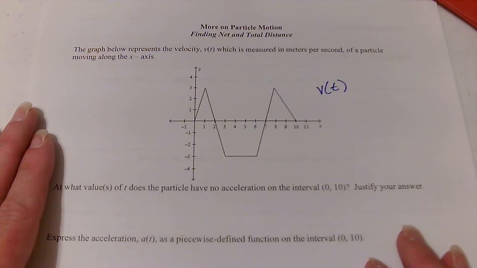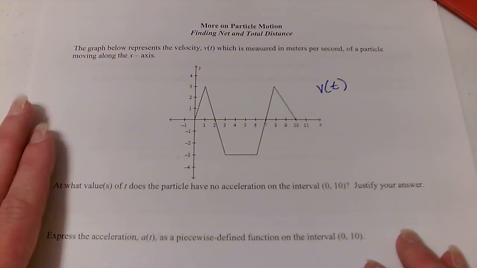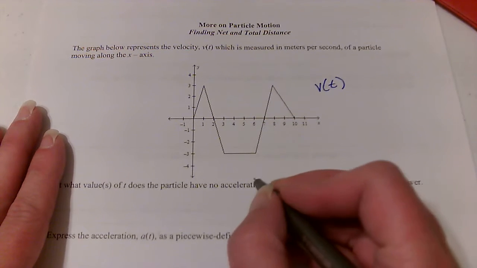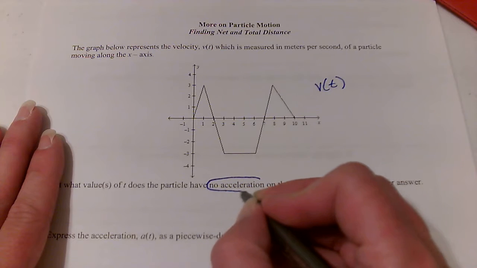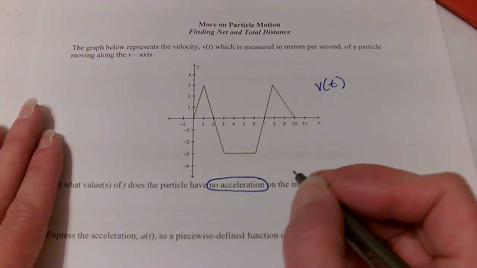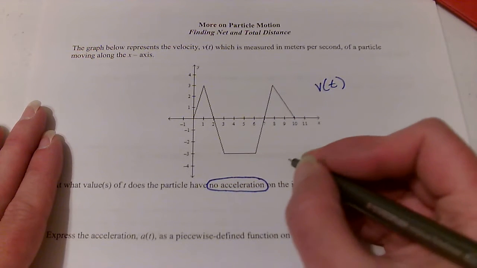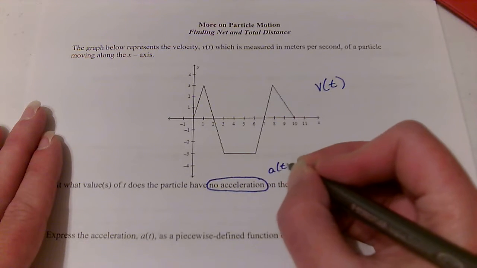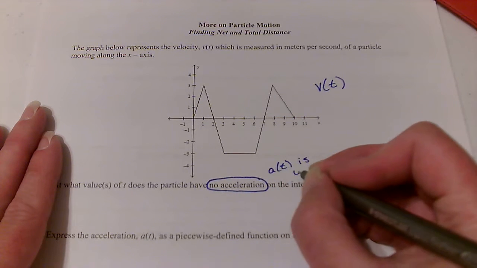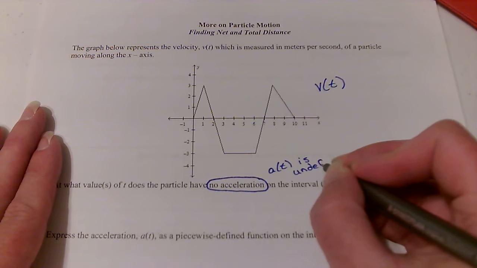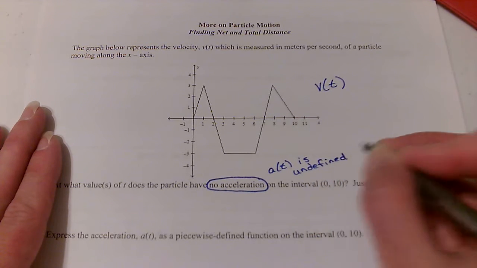At what value of t does the particle have no acceleration? So what does that mean, no acceleration? Well, that means that acceleration is undefined. It didn't say when acceleration is 0.